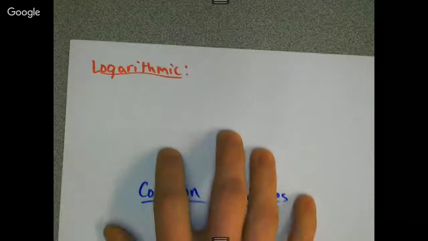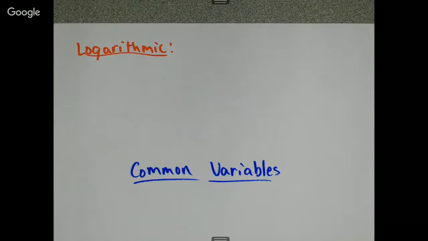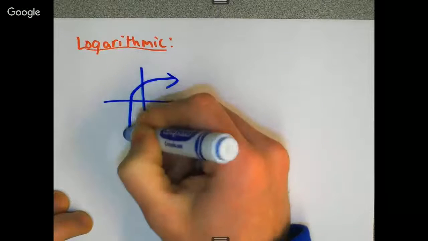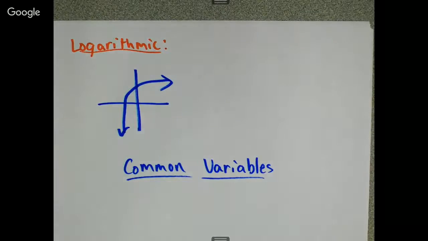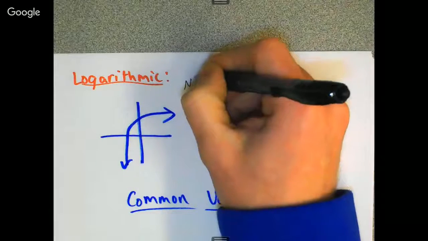And then we have logarithmic. Okay, logarithmic, its graph, which we've dealt with a couple times before, will look like that. And its equation is fairly simple compared to the others.